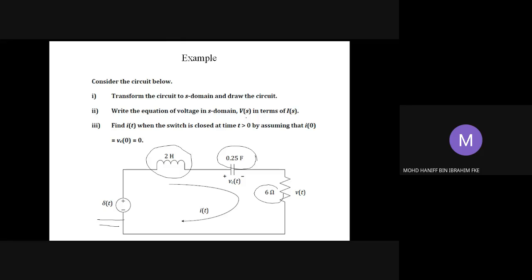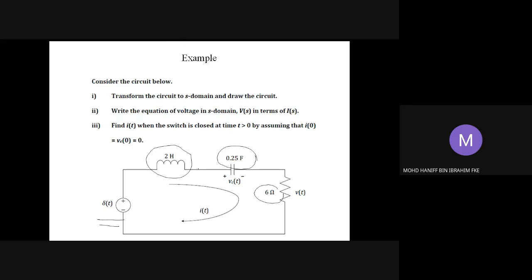In this particular case, we don't have any information about the initial voltage, because there's no switch given on the circuit. So from this circuit, we cannot deduce any information about the initial voltage and initial current.